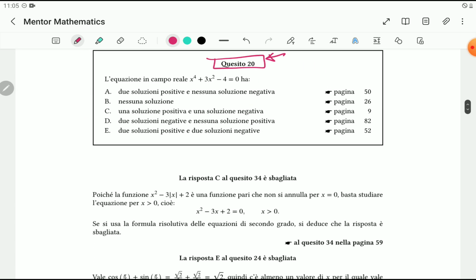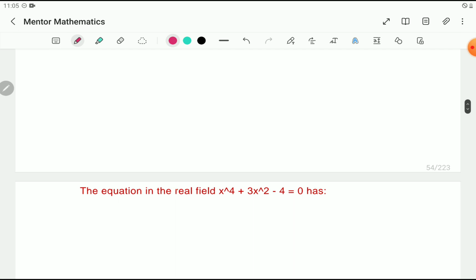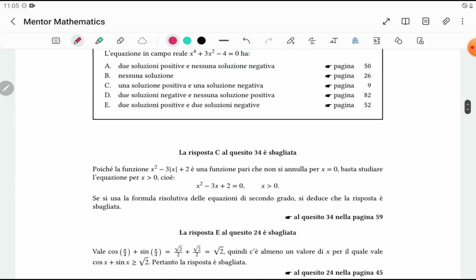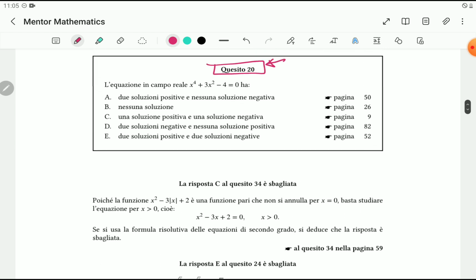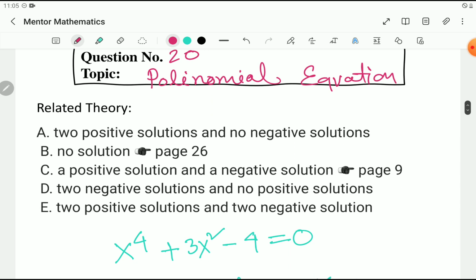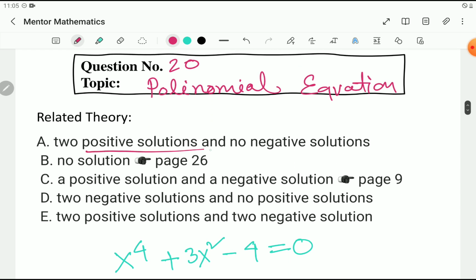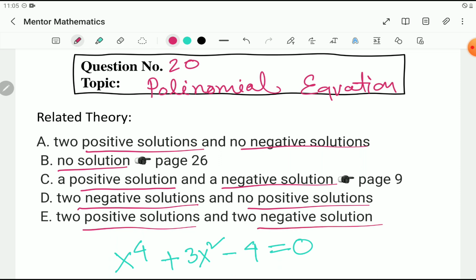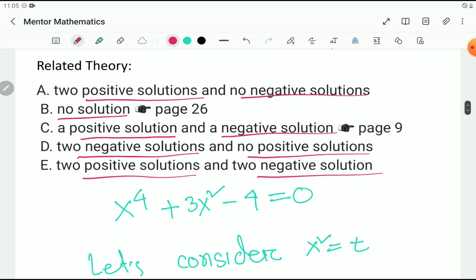The equation in the real field, remember, a real field means real numbers, x power 4 plus 3x square minus 4 equal to 0 has: no solution, a positive solution and a negative solution, two negative solutions and no positive solution, or two positive solutions and two negative solutions. So you have to find out what is correct.